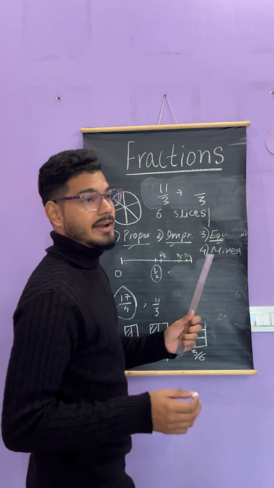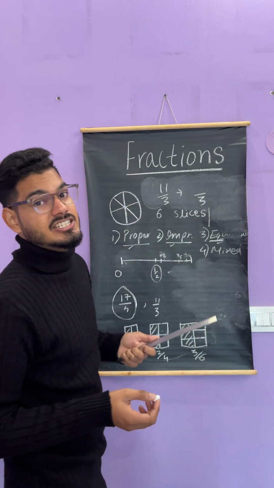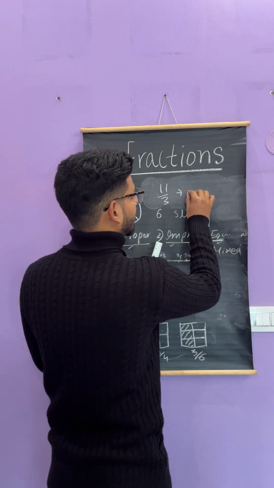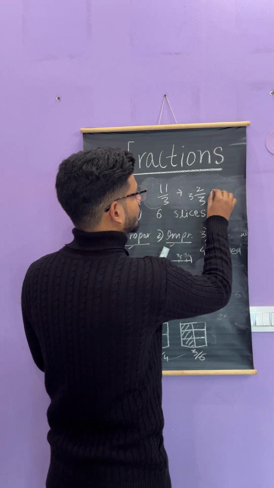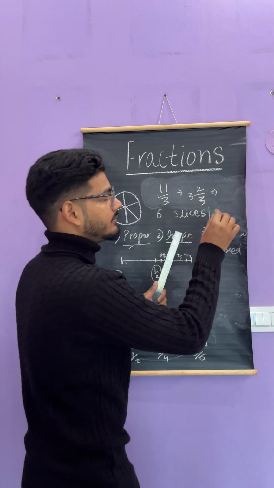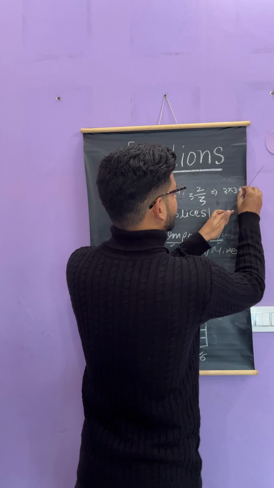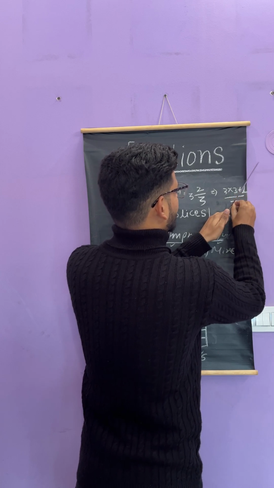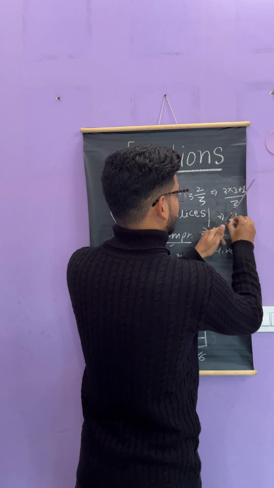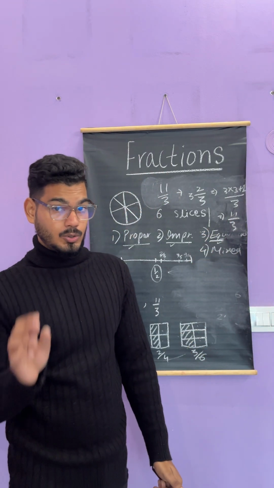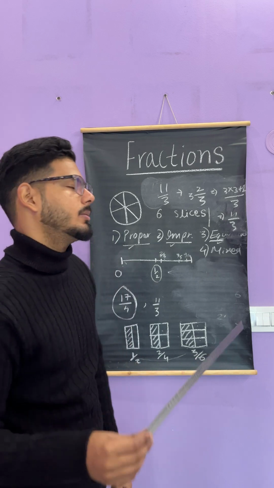Now we have to find a multiple which upon addition will give us 11. So we find 3 threes are 9 and 2. This is a correct value because 3 into 3 gives us 9, plus 2 gives us 11, and the denominator will be 3. So this is 3 whole 2 upon 3. A mixed fraction is nothing but a whole number added with a fraction.